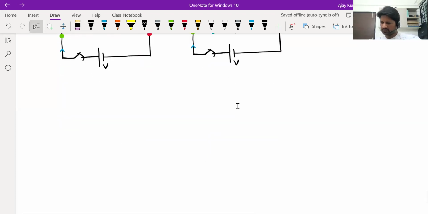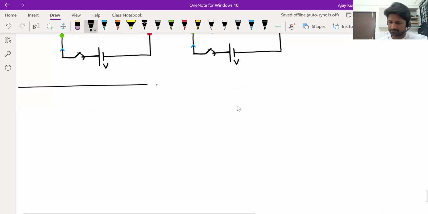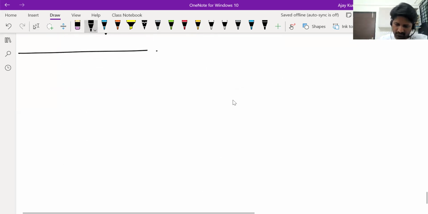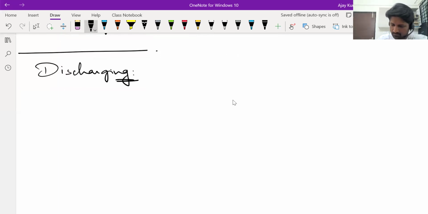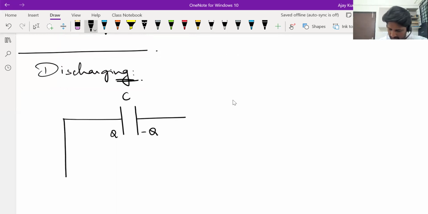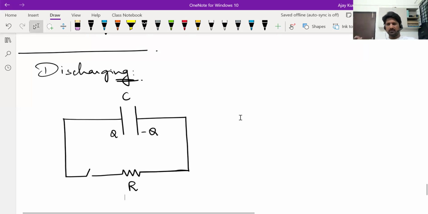Okay, fine. Let us discuss the discharging of a capacitor also. Suppose there's a charged capacitor initially having a charge capital Q on this plate, minus Q on the other plate. Assume there's a resistance, let it be R. Now, the plates are oppositely charged.